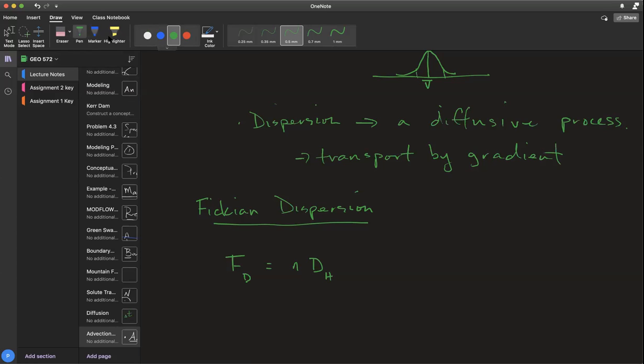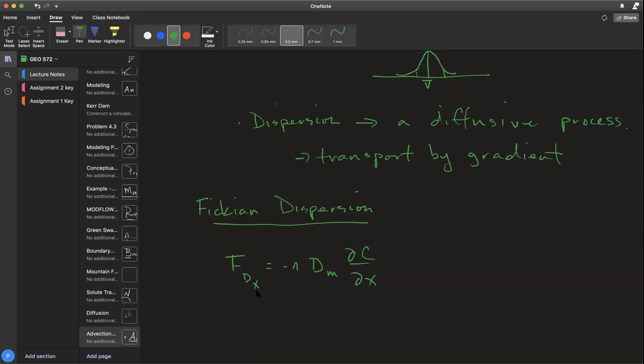I know what I'm going to do. All right, let's call this Dm. We'll define it here in a sec. Dm times dC, in the x direction, dx. All right.